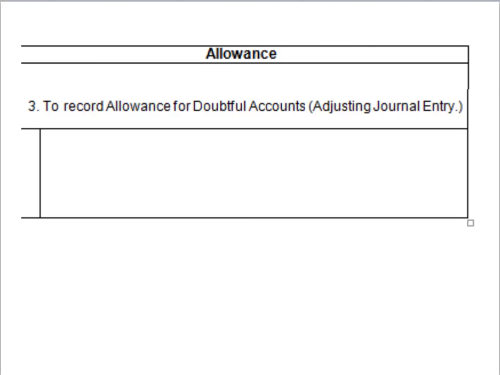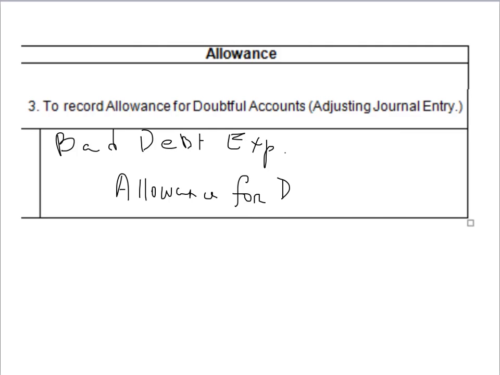So just like in the prior example, we would debit bad debt expense, and we will credit an account you have not seen before. It's called allowance for doubtful accounts. And I will put X for the amounts because we will estimate the amount later.